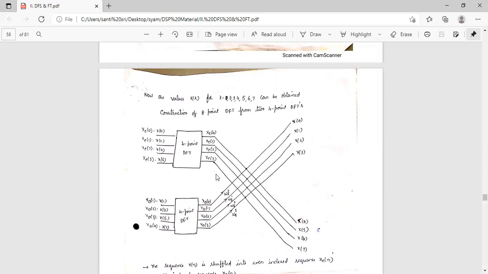So here these are the outputs xe of 0, xe of 1, xe of 2, xe of 3, xo of 0, xo of 1, xo of 2, xo of 3. So these are twiddle factors W8 power 0, W8 power 1, W8 power 2, W8 power 3. So this is x of 0, x of 1, x of 2, x of 3, x of 4, x of 5, x of 6, and x of 7.